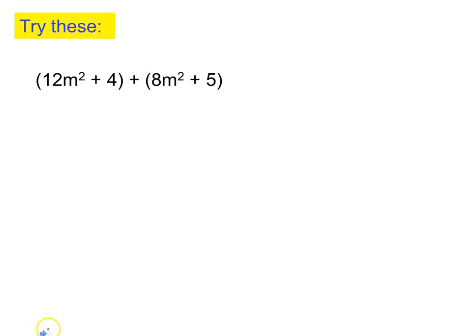Okay, let's try a little bit here. So in this case, I have 12m squareds, and I'm going to add to those 8m squareds. So that gives me 20m squareds. And then I'm going to add a constant of 4 and a constant of 5. So that's 9.